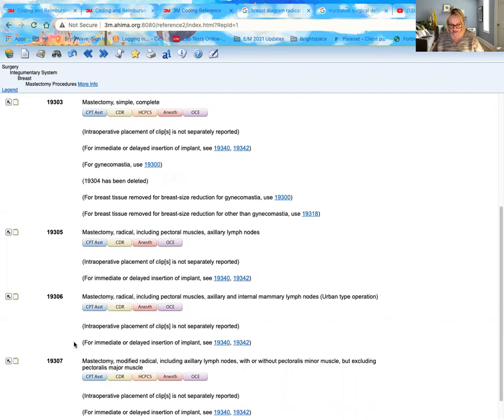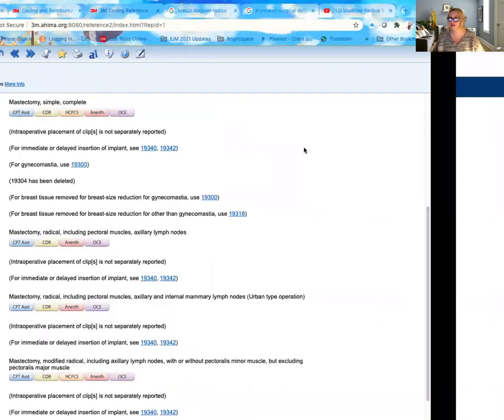And in this case, if I look at my CPT codebook, or if I look at the symbols with these codes, I will see that there are no symbols, which means that this is not modifier 51 exempt. So I have to add a modifier 51 to the secondary procedure, which is the less intensive procedure. And this case would be the 19303 for the simple mastectomy of the left breast.